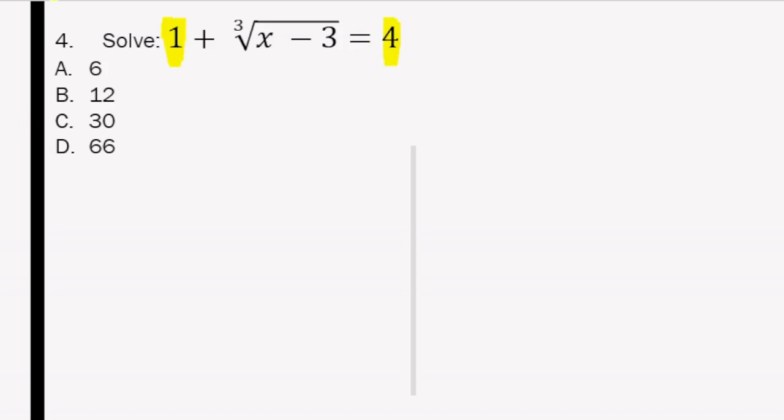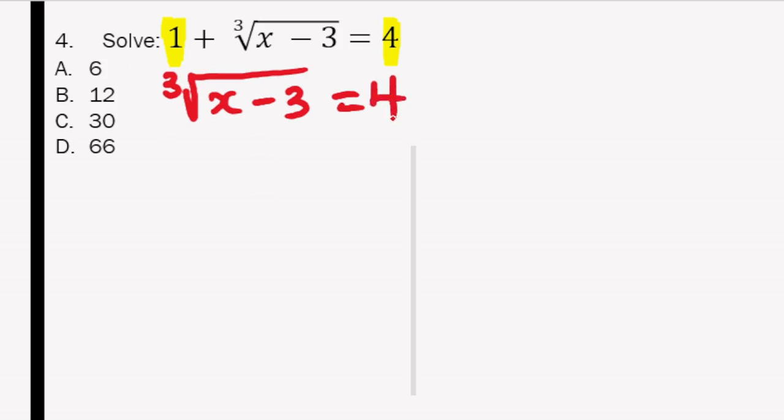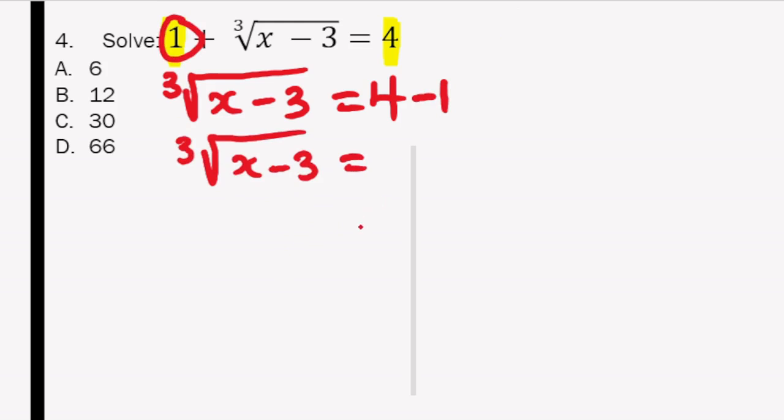So I'll be having cube root of x minus 3 equal to 4. When plus 1 crosses the equation sign, it becomes minus 1. So I'm having cube root of x minus 3 equals 4 minus 1, which is 3.